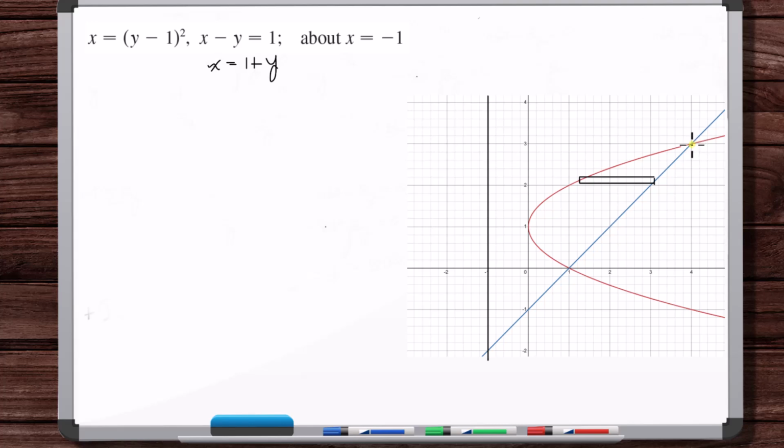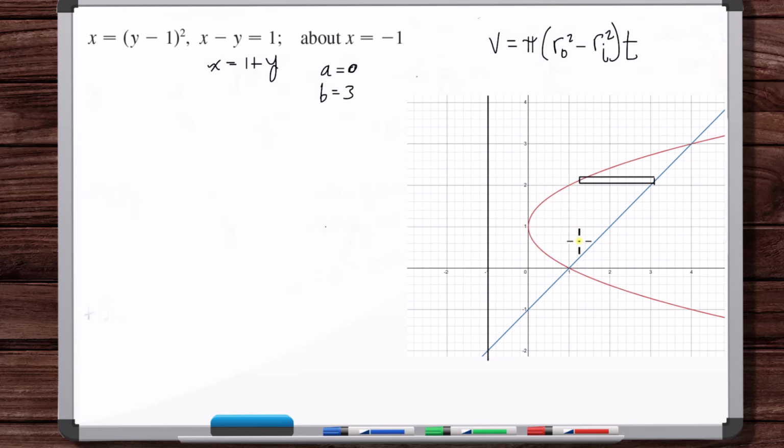So we're going from a is equal to 0 to b is equal to 3. Okay, and the volume of the washer is pi times r outer squared minus r inner squared, times the thickness.